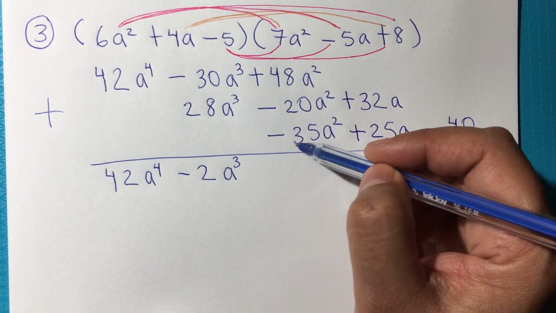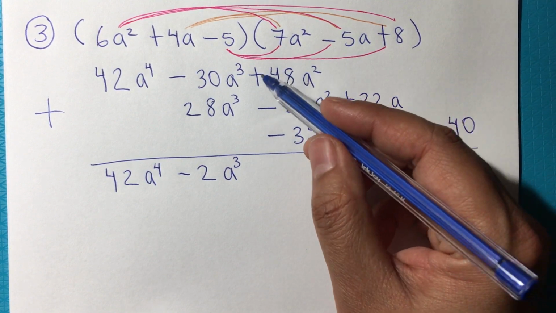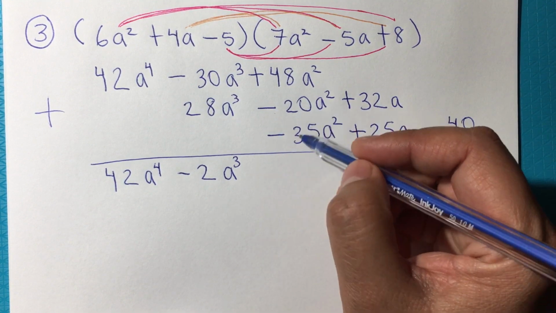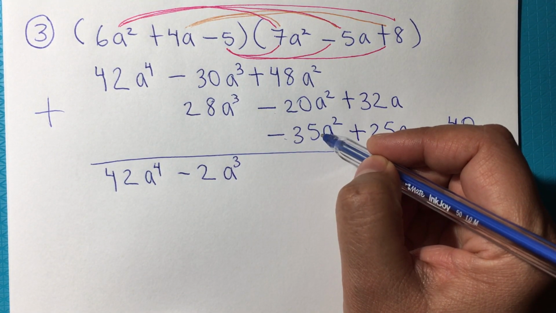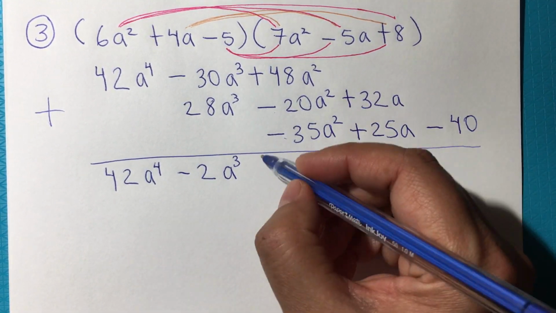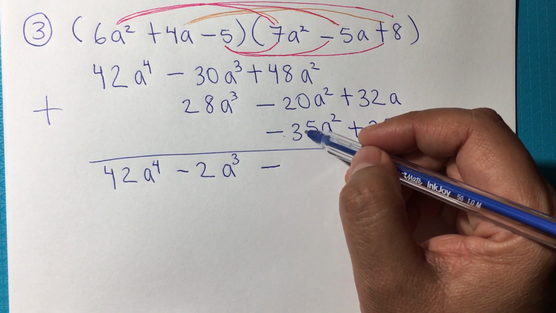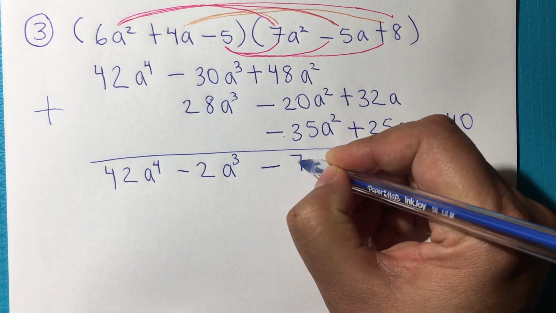Now we're going to add the ones with the same sign first, and then we subtract the positive with the negative. Okay, so in here we have negative 20 and negative 35. That's negative 55. So I subtract, and that 55 is bigger, so the answer will be negative. So if it's negative 55, 55 minus 48, that's 7.